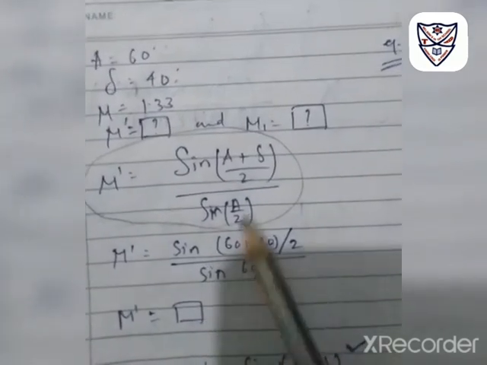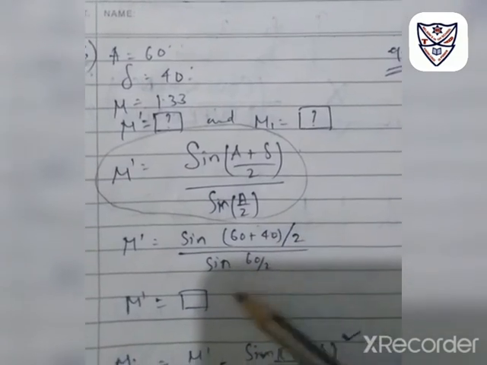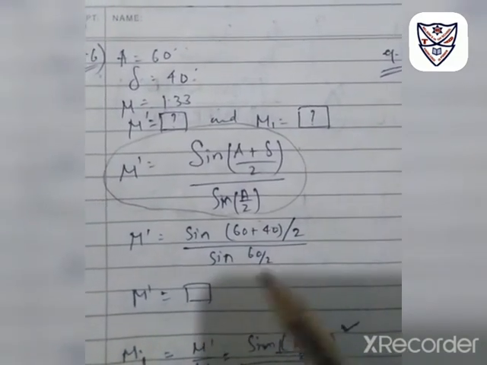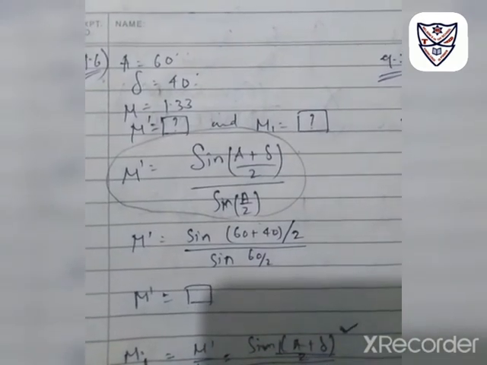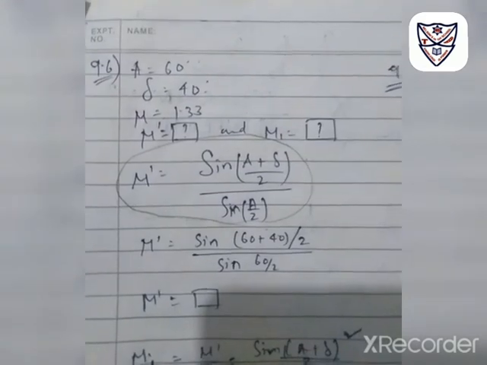Just place the values of A and del, which are given as 60 and 40, and you will get your mu dash. This is also a very important kind of sum from the experiment point of view.